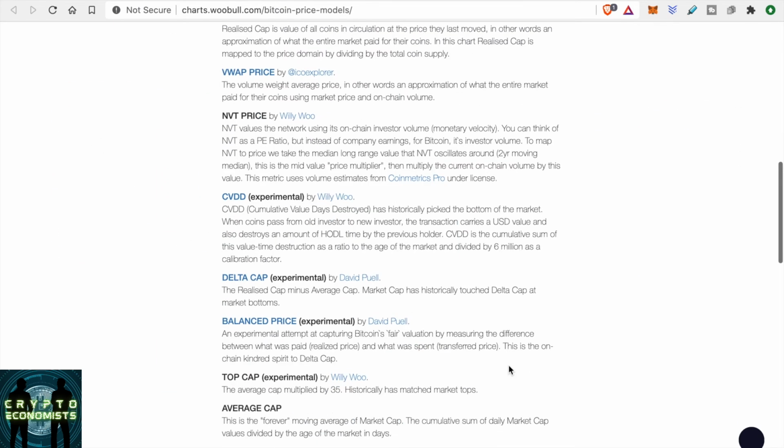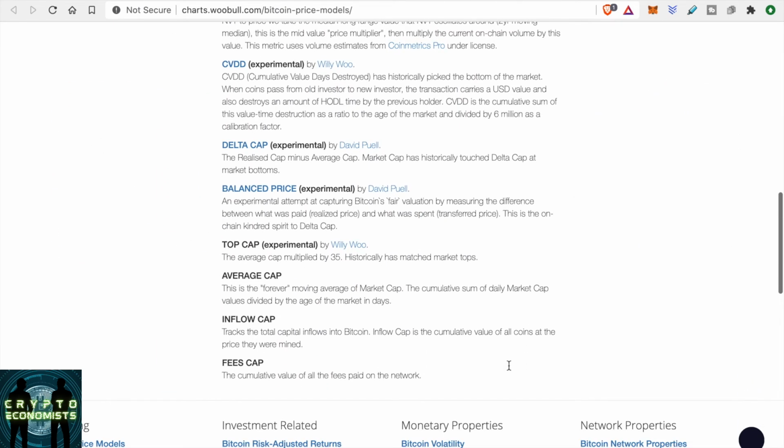As you can see, there's other models that are still in the experimental phase that are being used in order to measure Bitcoin. So just a couple examples. Willy Woo is looking at creating a cumulative value days destroyed metric.